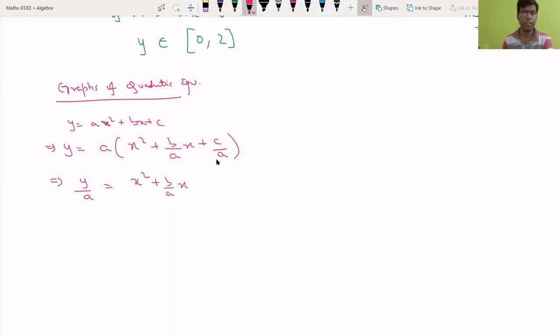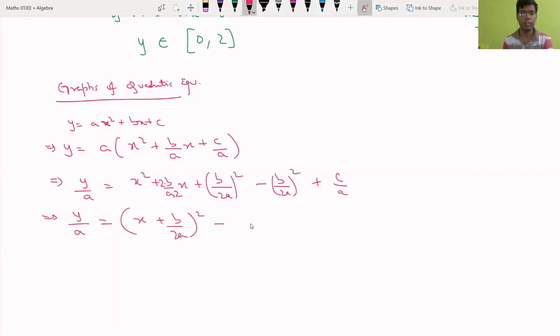Now I'll try to convert this particular expression into a perfect square. So this will be x plus b by 2a whole square minus b by 2a whole square plus c by a. Okay, so this is what I'm left with this side. This will be y by a is equal to x plus b by 2a whole square minus b square by 4a square plus c by a.